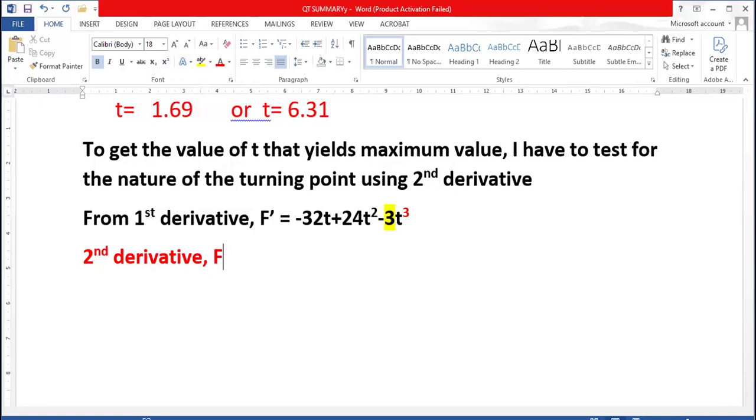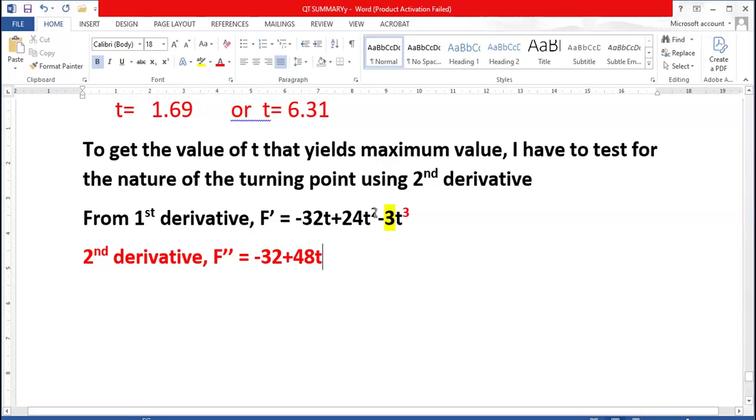that is f double prime, will be equal to, we differentiate this. When you differentiate, what do you get? This will be negative 32 plus 2 times 24, which is 48.